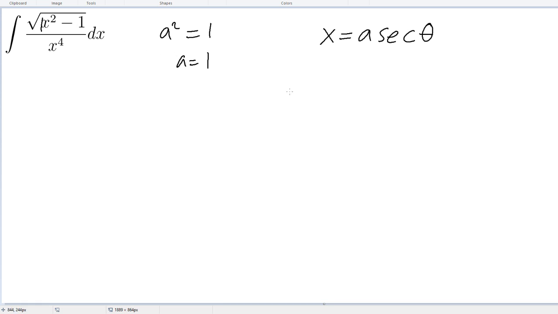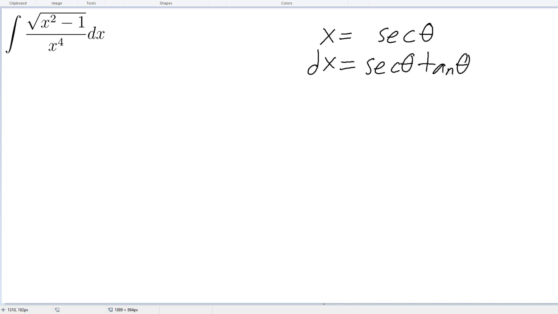So we're just going to be doing x equal to secant theta. Then our dx is going to be equal to secant theta tangent theta, so that's our derivative. And I'm just going to put a d theta here because it's just integral notation. It doesn't really do anything.